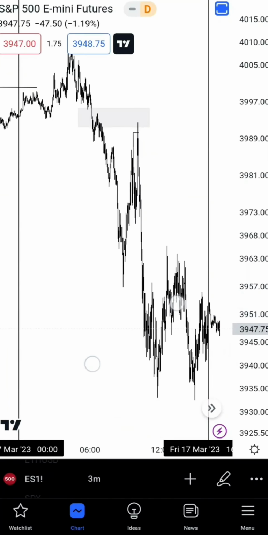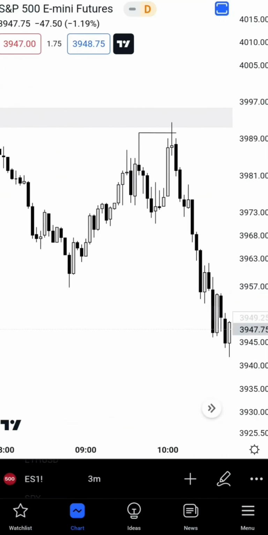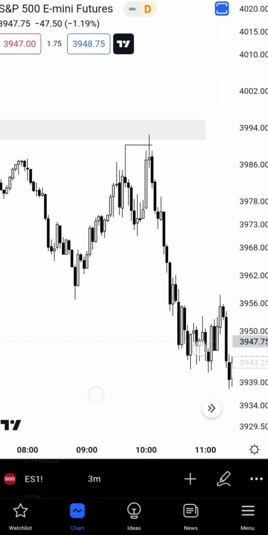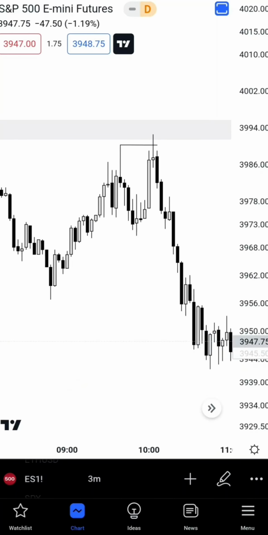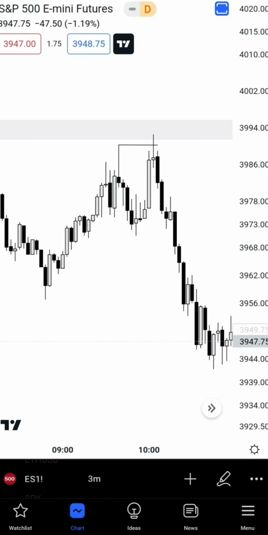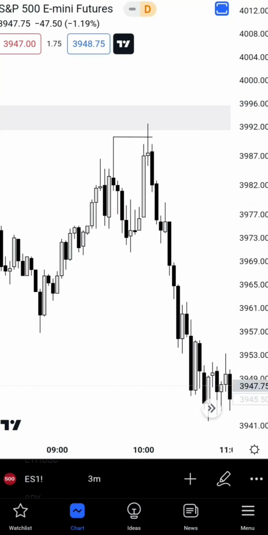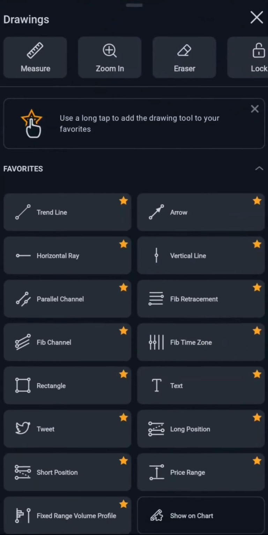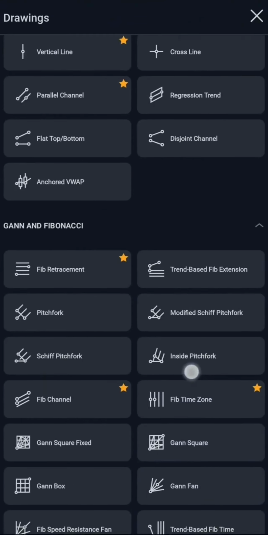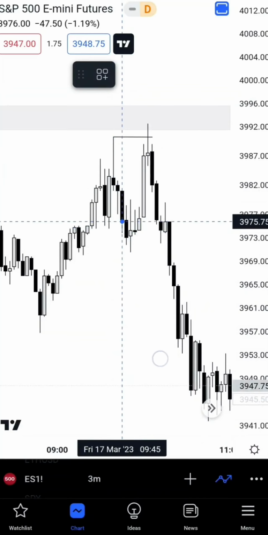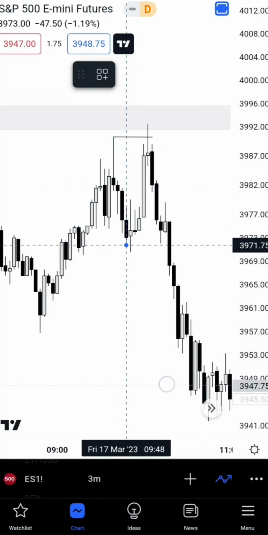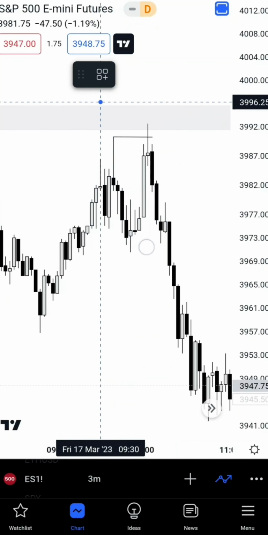My entry was based on the 3 minutes, of course, as you saw, the famous, not infamous. Infamous means bad. The drawing was based on this. So I had this 1 hour fair value gap pending to be purged. When I saw this fake market structure shift, I knew someone had been suckered in.